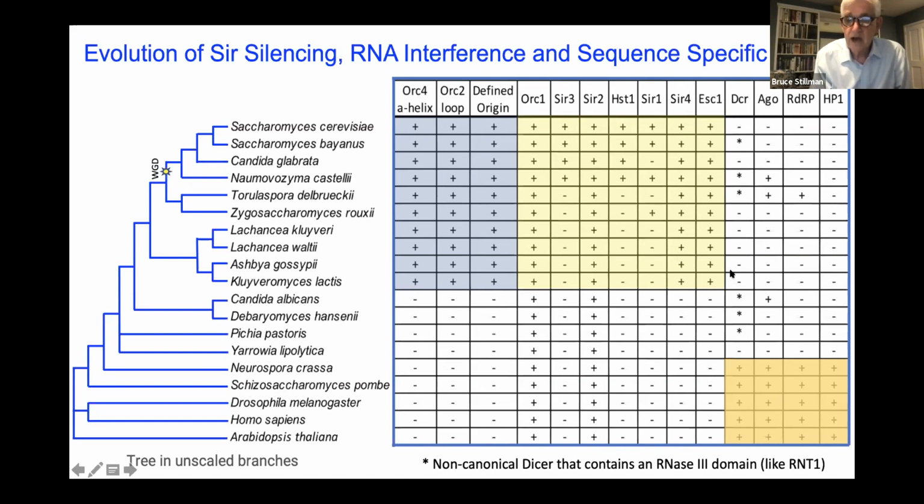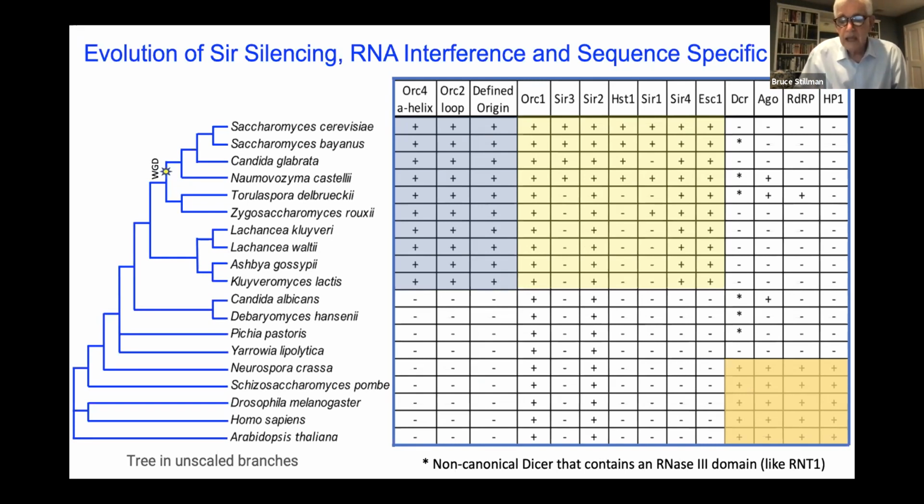And this is only present in the species that have defined origins. All other eukaryotes have RNAi-dependent gene silencing that you heard about from Shiv Grewal, that puts the histone mark of H3K9 on silent DNA.